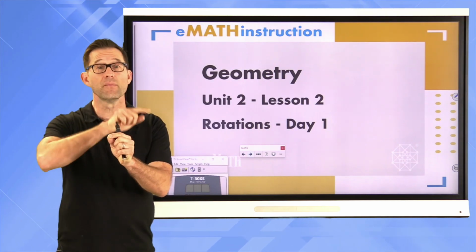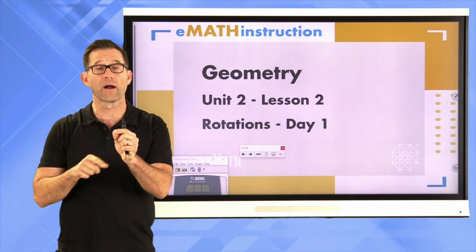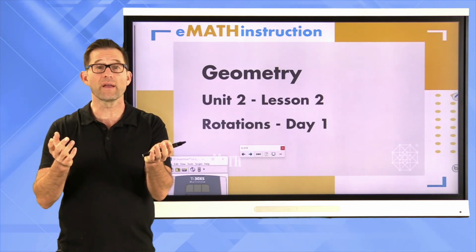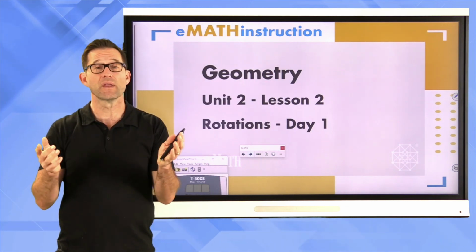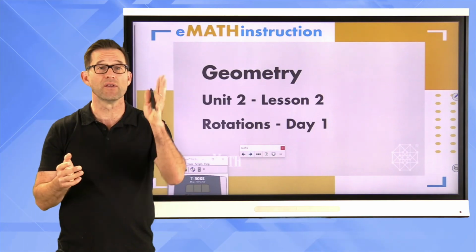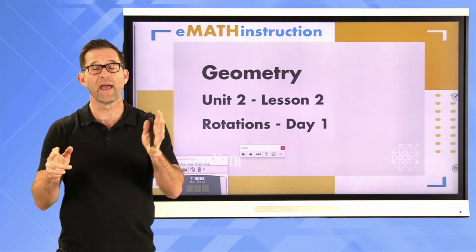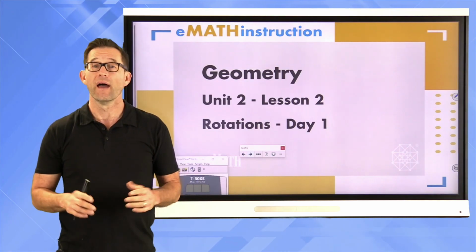And then you're going to move it clockwise or counterclockwise around that circle by a particular angle. And that angle is simply defined as the angle between the original ray and the final ray between the center point and the image point.